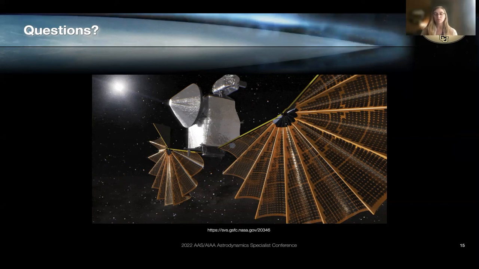So changing the reference on that multi-hinged rigid body should be a relatively small extension of what we've done here. And then in the future, relaxing some of those assumptions, additional rotational degrees of freedom, and other more complicated types of deployments like you see in this beautiful artist rendition of Lucy. So that's what we're working on. Thank you for listening.